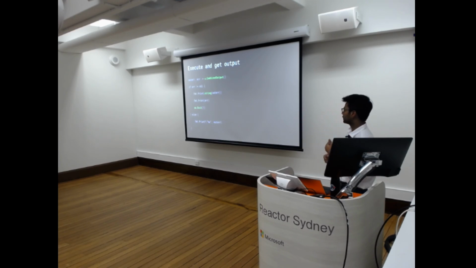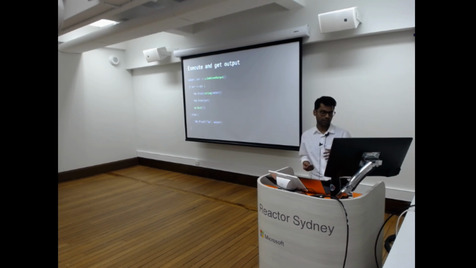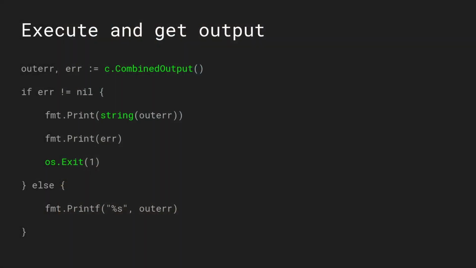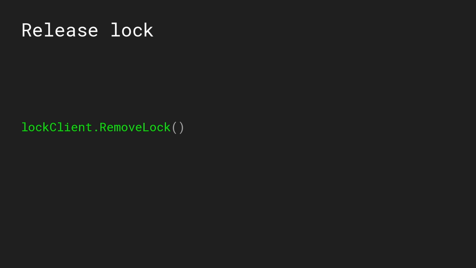If the command you're trying to execute exits with a non-zero code, your error object will be non-nil, which is what you can check here, and use the os.Exit function to exit with an error code of 1, which means our entire program will exit with a non-zero exit code. Else we just print it. And once we're done with all that, we call this remove lock function to give up the lock.